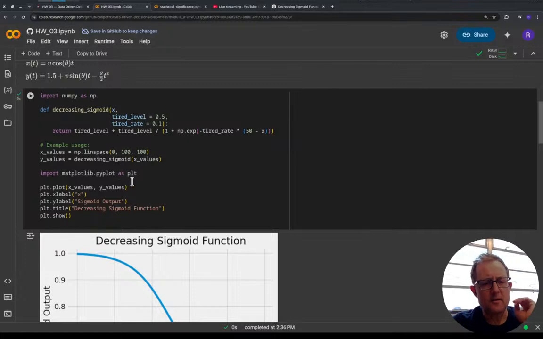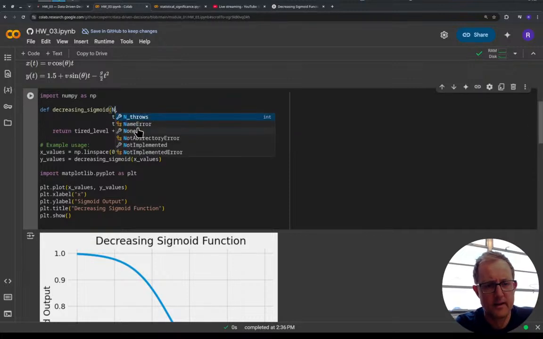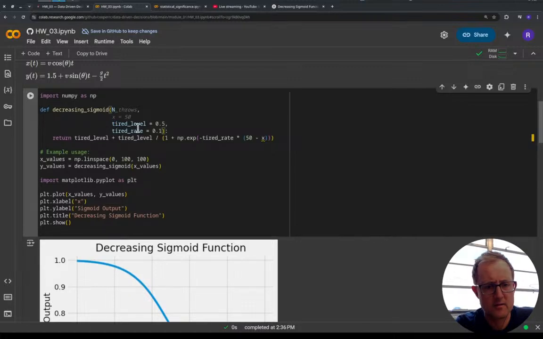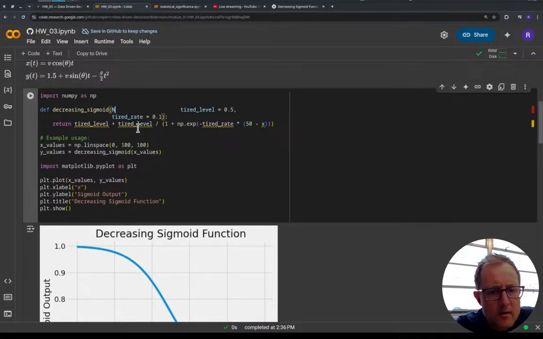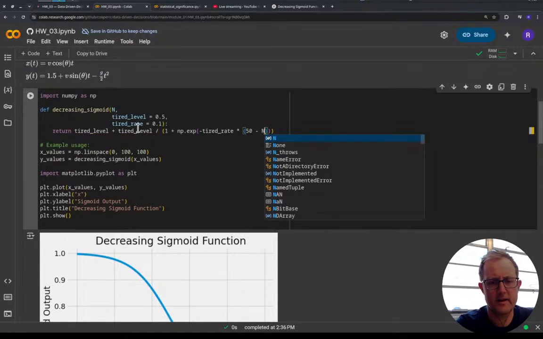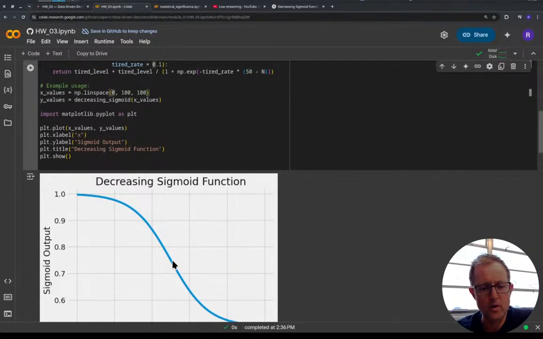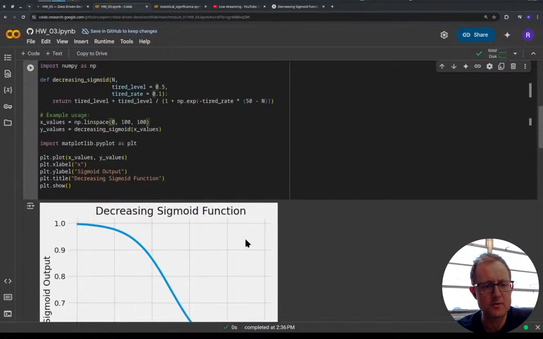So what I'm doing here is checking to see if I can change these inputs. I've got this input x, and really I want to call it n, a capital N, so that as I input the number of throws, by default it goes from 1, decreasing to 50%.